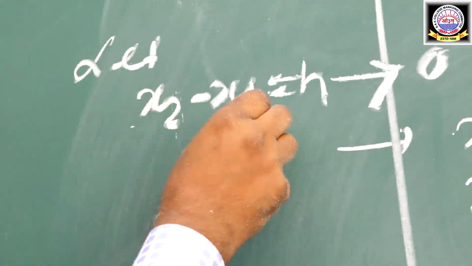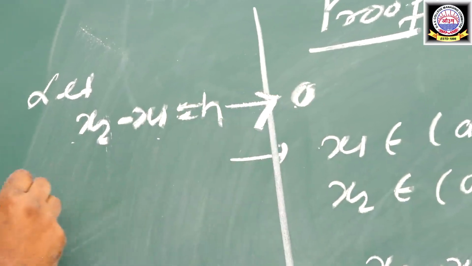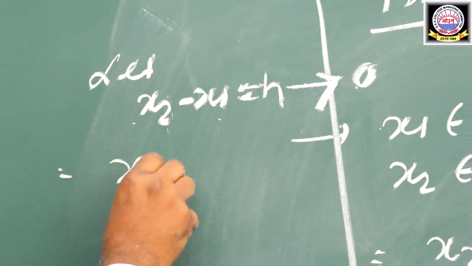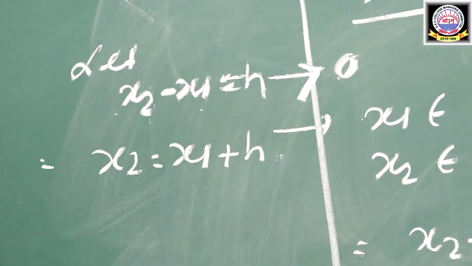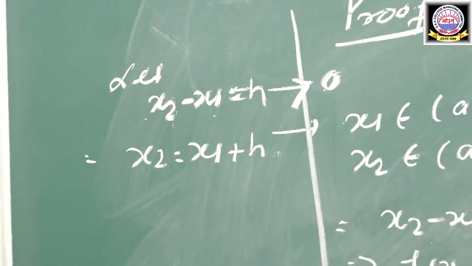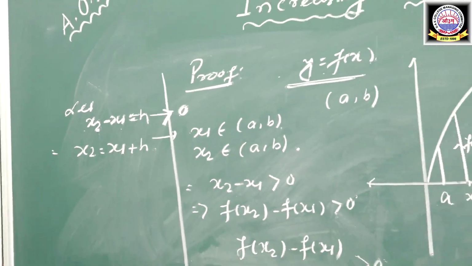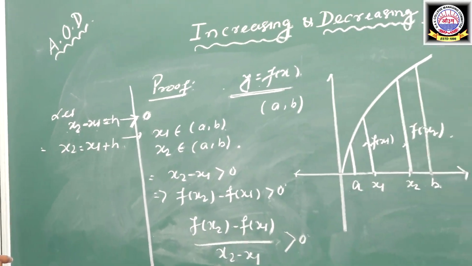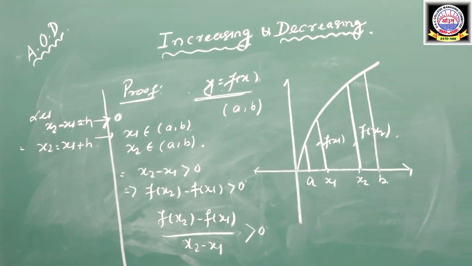So if x2 minus x1 is equal to h, very, very close to 0, I can write x2 is equal to x1 plus h. Correct? Correct. I have chosen x2 minus x1 equal to h, very, very close to each other, as x1 is close to x2.